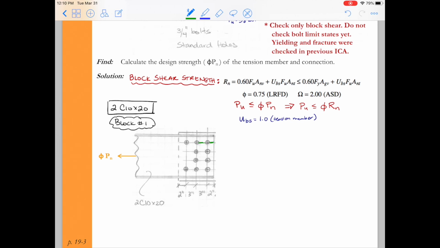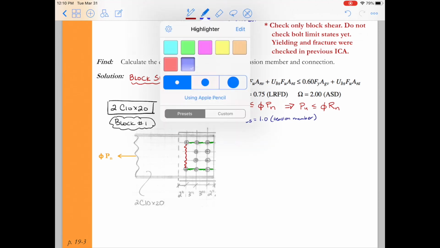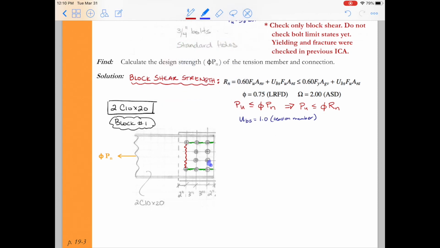Typically, we would start on the outer lines of our connection, and we're going to draw our shear failures. This is where I usually like to start: draw a shear failure, and now I need to connect these two with some sort of tension failure. So the first one I usually check is just straight across. So what happens if this is the block that we consider for failure?